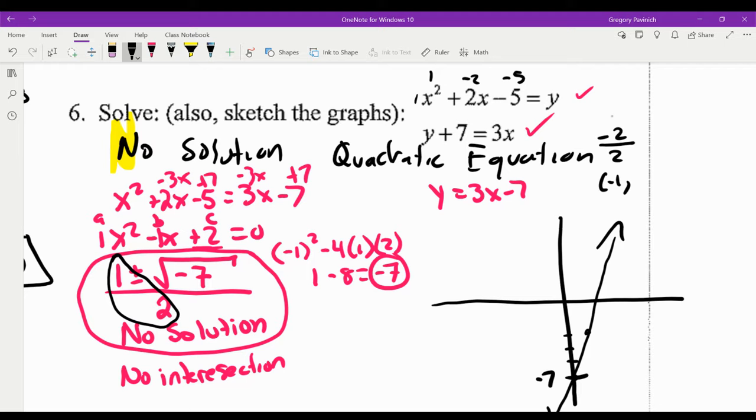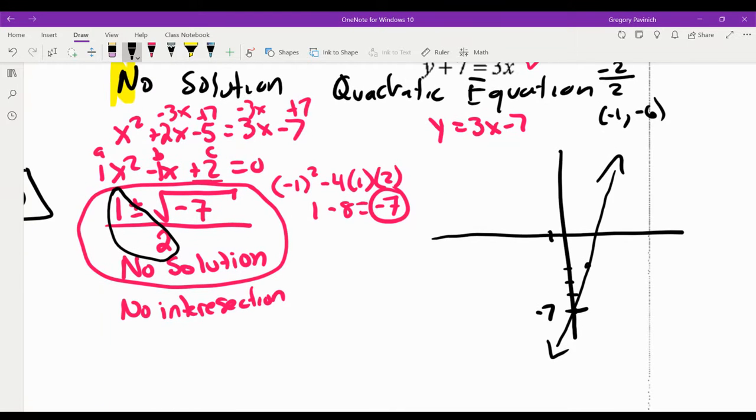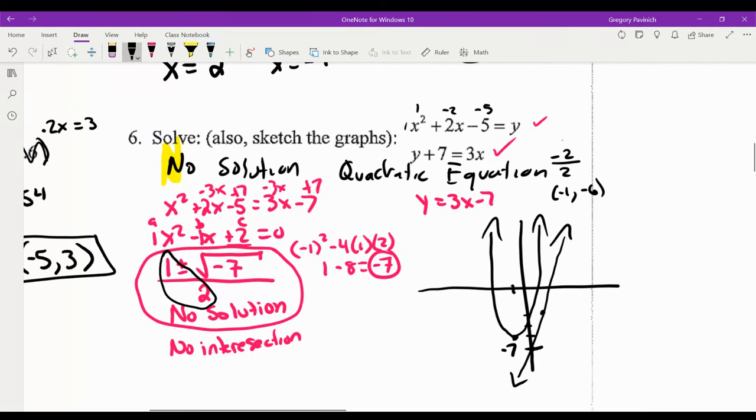So I get -6, -1, -6. I know these don't intersect. And there's a rough sketch of my graph.